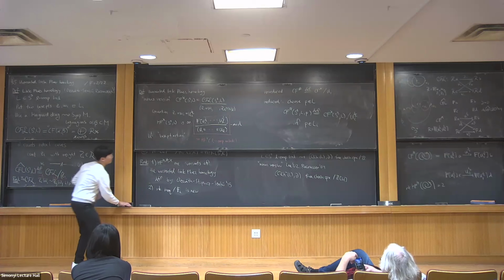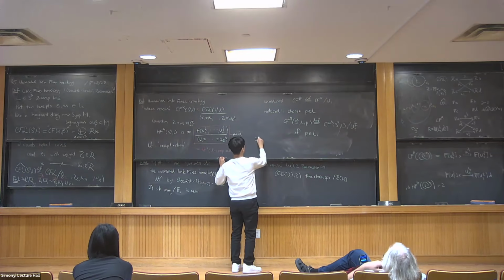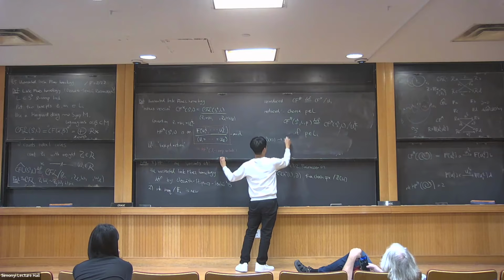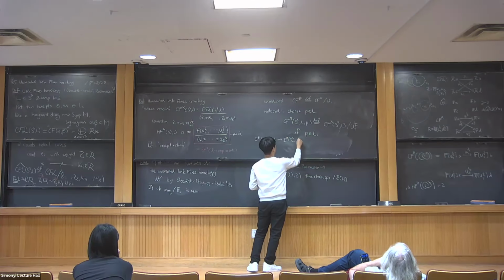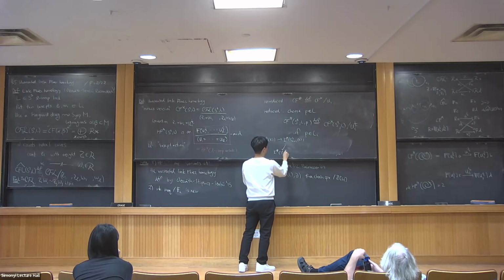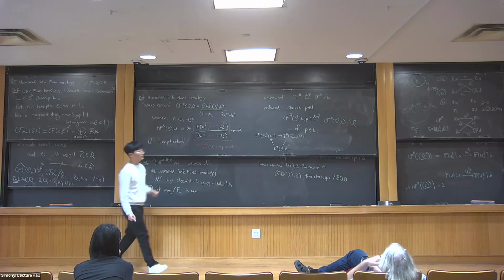For instance, if you have a knot in S^3, an exact triangle holds, and this actually holds for any knot in any 3-manifold. So they show that there's an exact triangle like this.